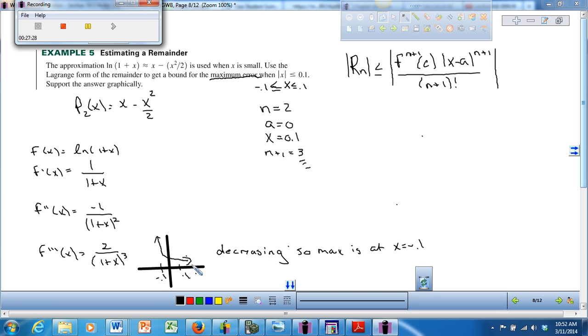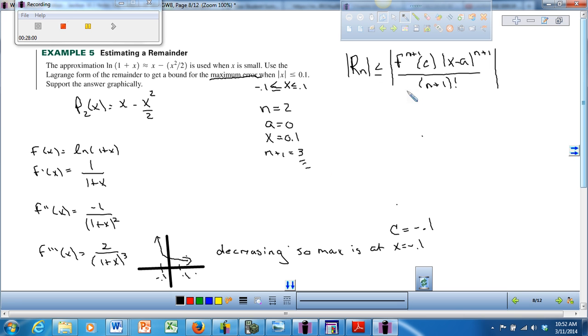So if I want the maximum, what do I use? The left end. Decreasing, so max is at x equals negative 0.1. Exactly. I'll write that right up there. But x is going to be equal to 0.1. Yep, we'll still use 0.1 on this.